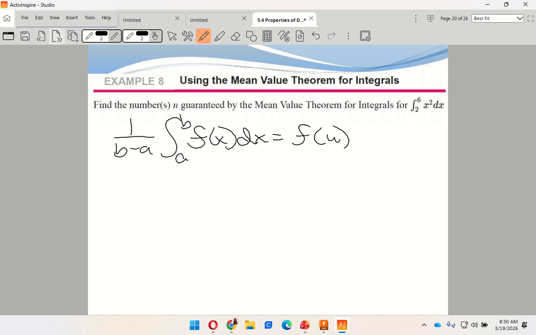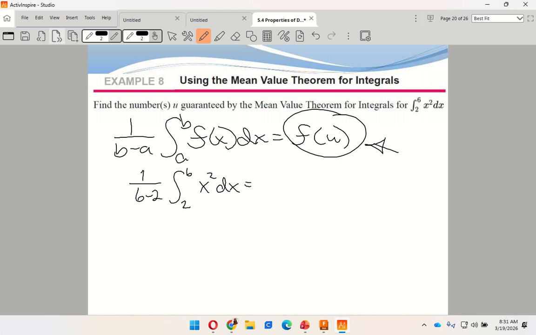This is going to be 1 over 6 minus 2 integration from 2 to 6 of f of x, which is x squared, dx is equal to f of u. We're trying to find the u, right? And isn't this just the y value? This is the y value at some value of u.